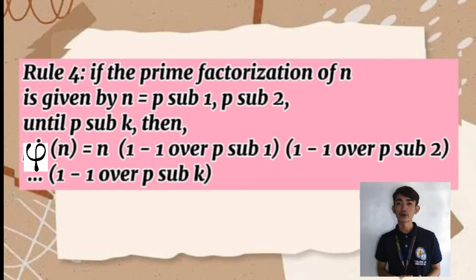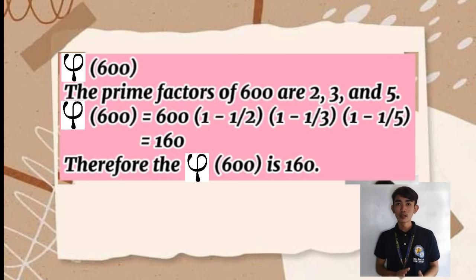Rule number 4. If the prime factorization of n is given by n equals p sub 1, p sub 2, until p sub k, then phi of n is equal to n times 1 minus 1 over p sub 1 times 1 minus 1 over p sub 2 multiplied until 1 minus 1 over p sub k. Let's solve for the phi of 600.